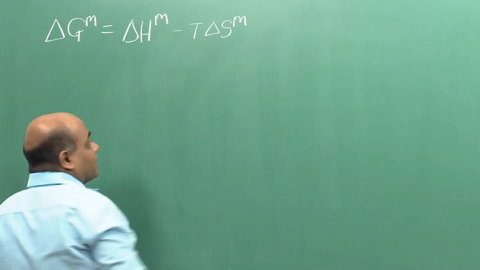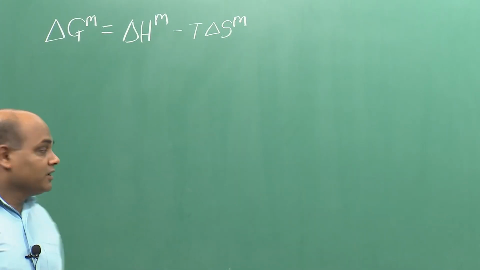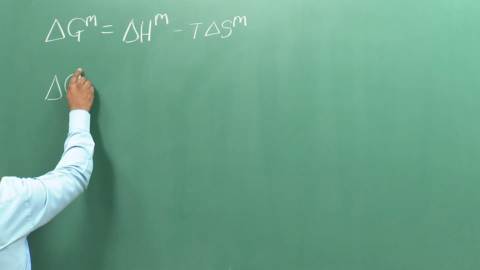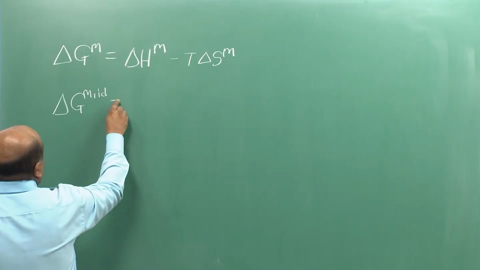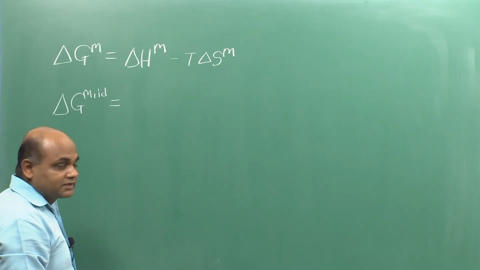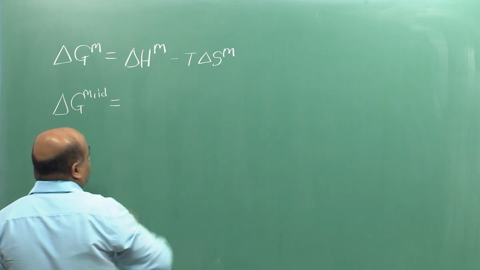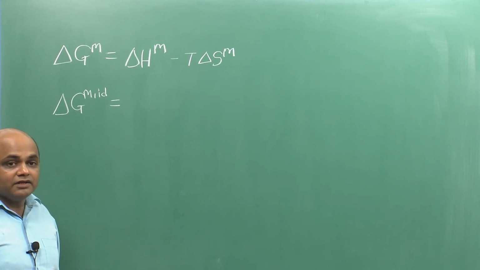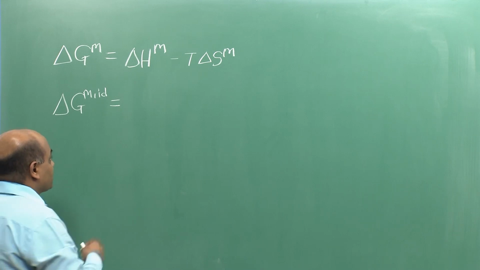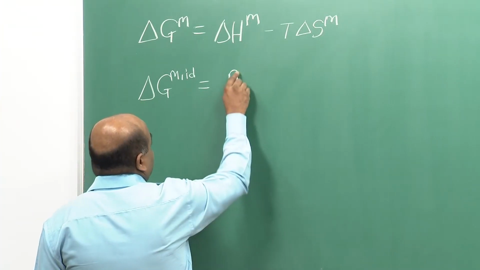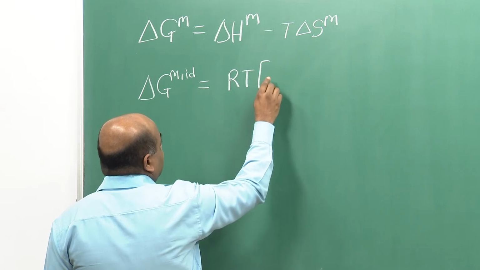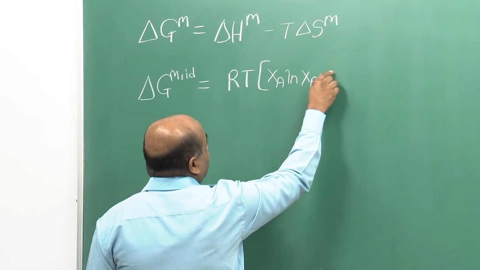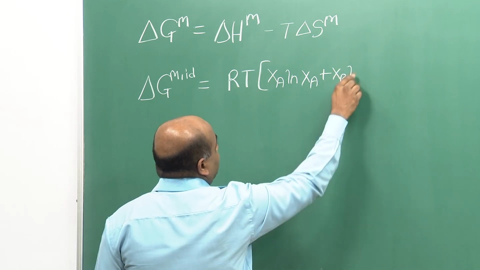Delta Sm is the entropy of mixing. For ideal solution, enthalpy of mixing is 0 and entropy of mixing, the entire contribution to it comes from the change in configurational entropy. So, delta Gm is expressed as RT (XA ln XA plus XB ln XB).